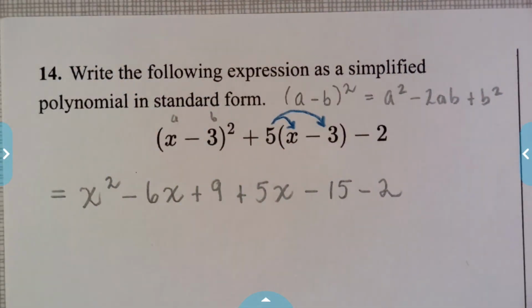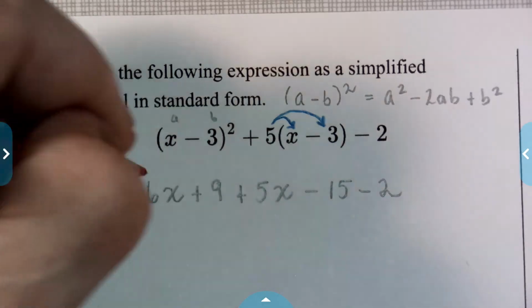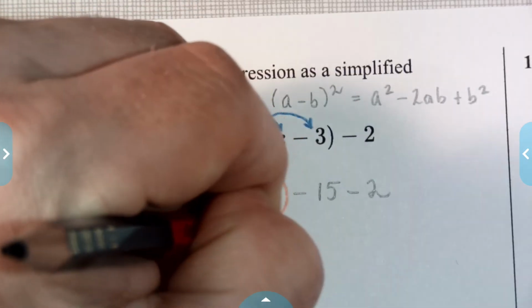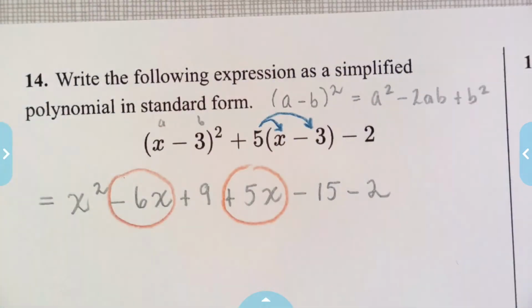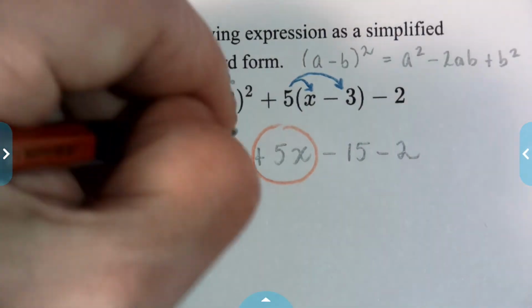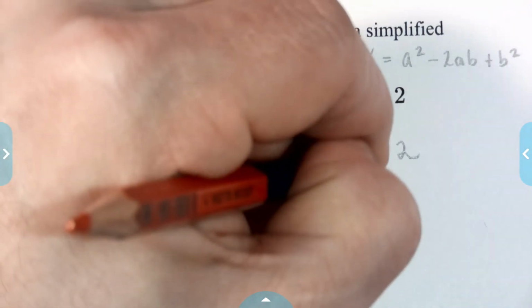All right, so we're actually ready. We don't have another step to do, so we only have one quadratic term, so we don't need to put a color on it, but we can combine these like terms, our linear terms in red. Negative 6x plus 5x is going to be minus x or minus 1x. And then we've got plus 9 minus 15 minus 2.